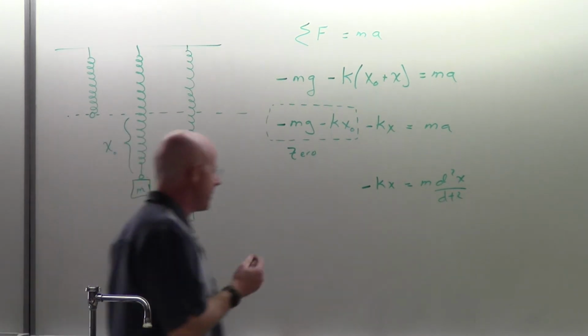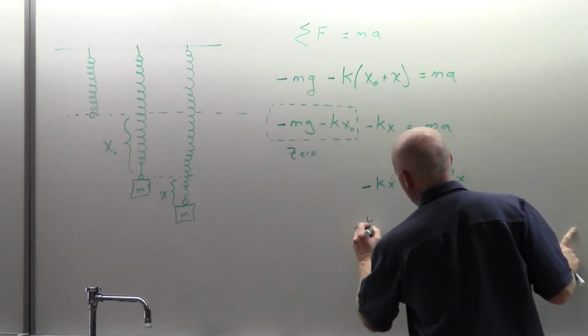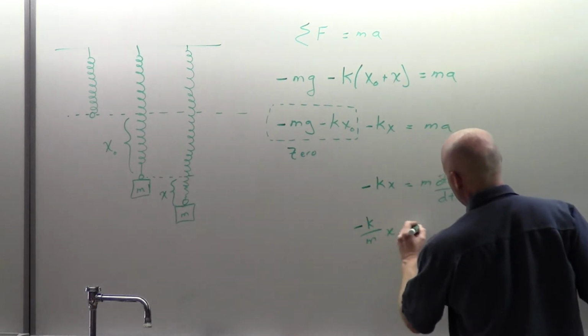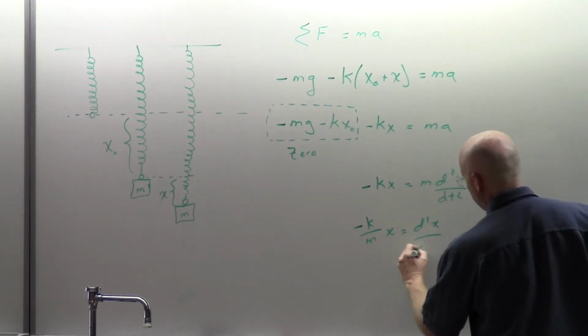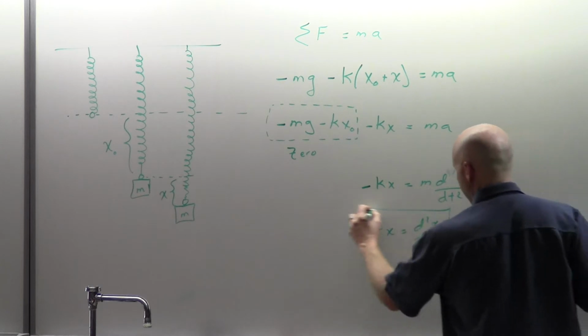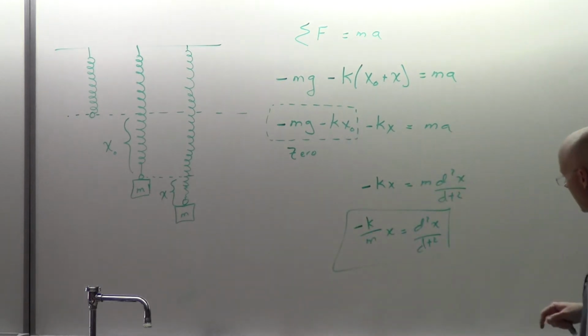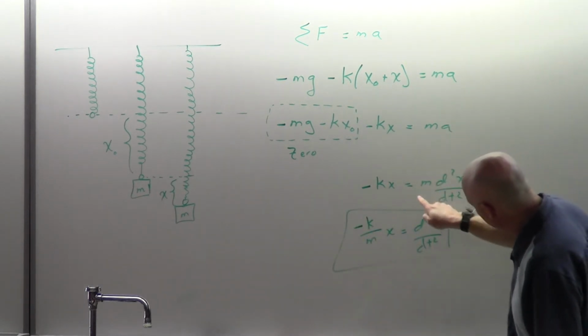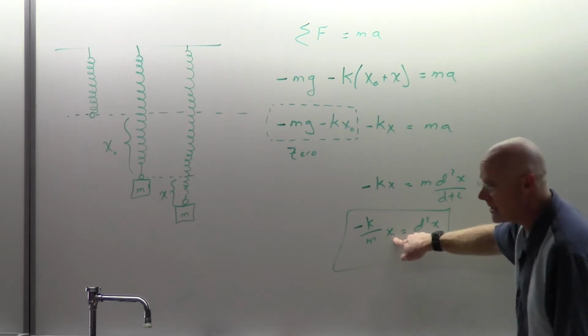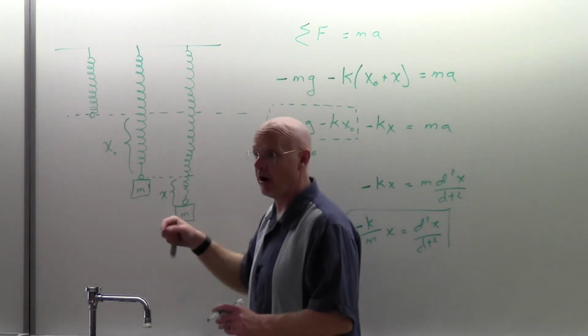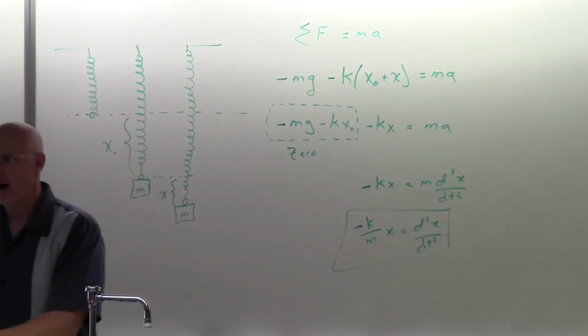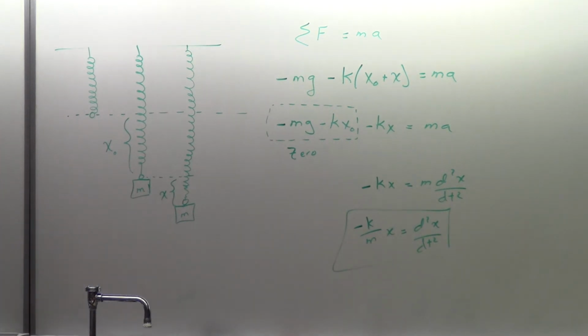The only slight difference between the horizontal and the vertical spring, though, is that when I'm working with a vertical spring, what I mean by x is not how far is it from its natural length, but how far is it from its equilibrium position. Fair enough?